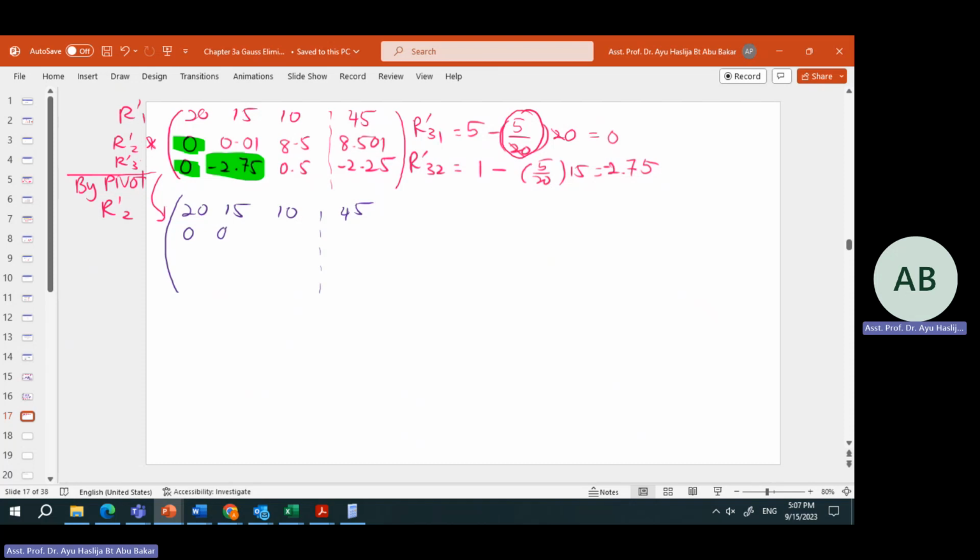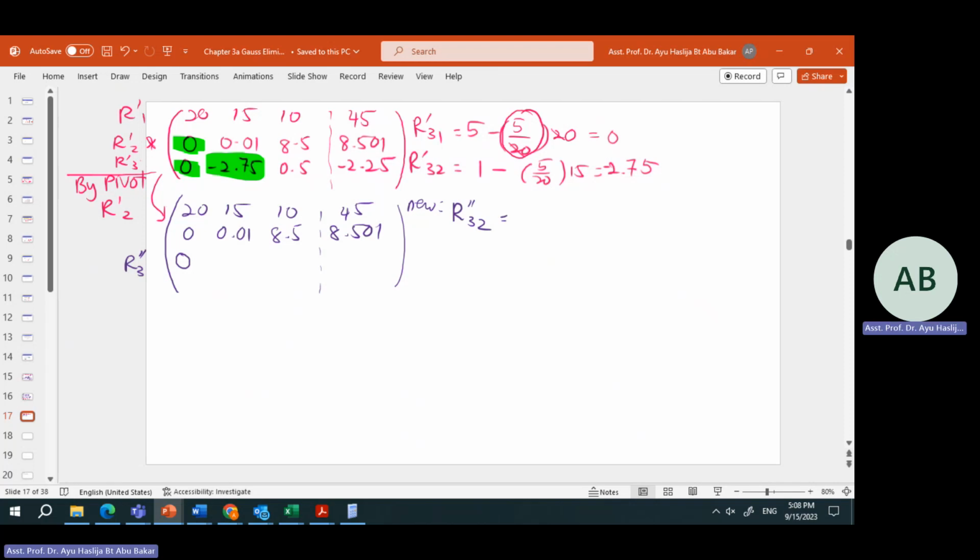R prime 2 remains as it is because we are pivoting it. Now this one, the 0 part remains 0. Now we want to find the new R double prime 3. So now we are focusing on the last row. R double prime 3, 2. 3, 1 no need, because it is already zeroed.